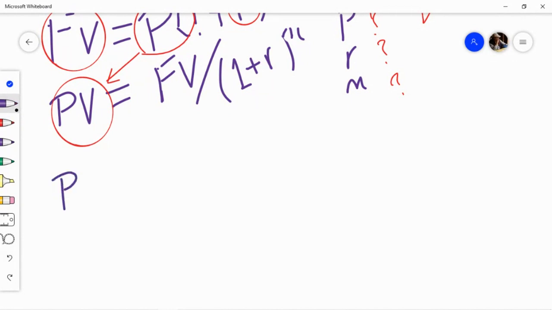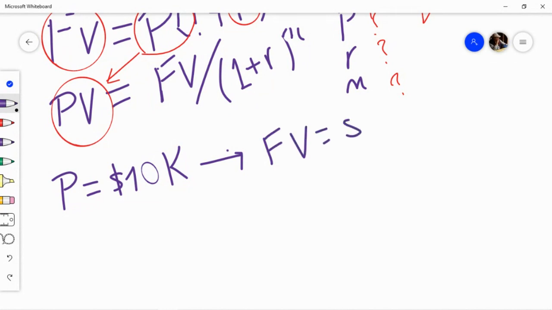So if principal is 10K, you have 10K and you put it in the bank and you have a target future value.